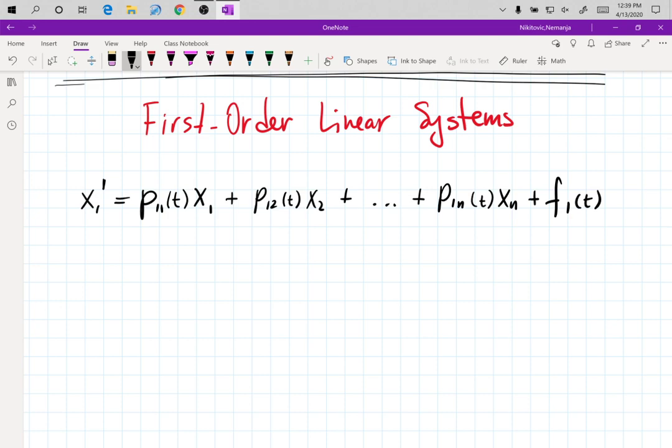So we have x2 prime. This is the second differential equation.